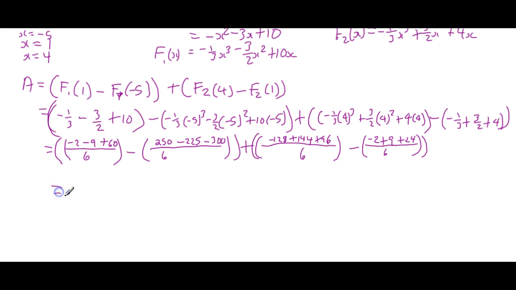Negative 2 minus 9 is negative 11, plus 60 is 49 over 6, minus 250 minus 225, which is positive 25. So this will be minus negative 275 over 6.